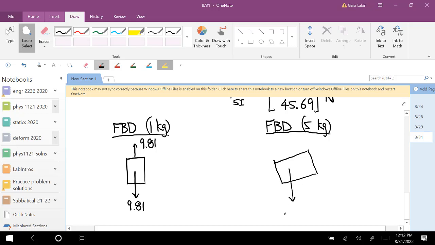There's a downward weight force of 49.05. A force vector at the bottom with components negative 9.22, positive 45.69. And then a force from the cable of 9.81.